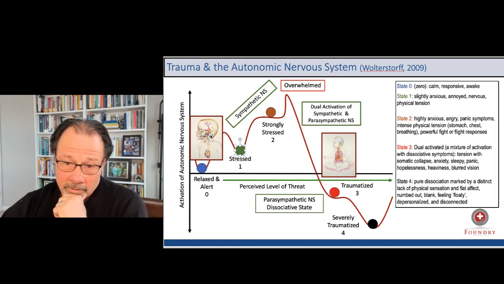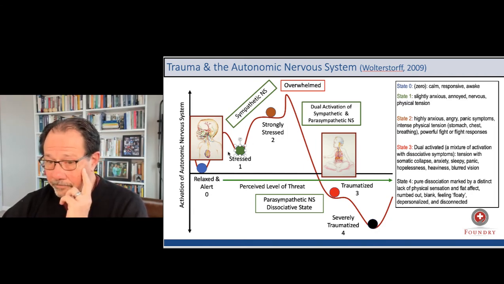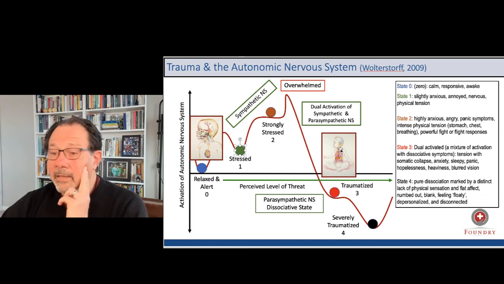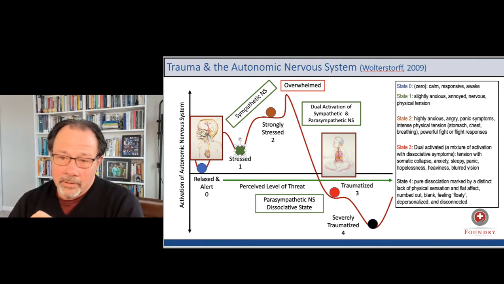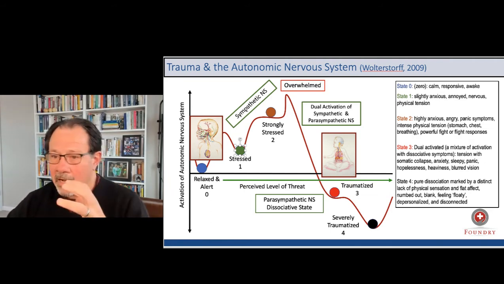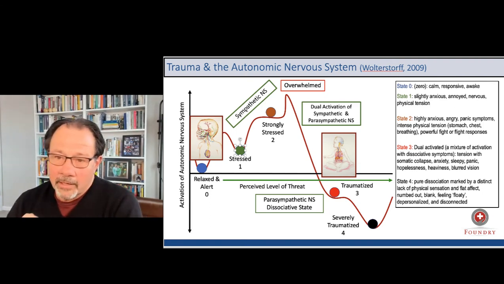And while this one is located on our face and our heart, this nerve goes down to our internal organs. And so when we're in a fight-flight response, all the blood is leaving our internal organs and moving into our arms and legs and eyes and whatever we need in order to fight and flight successfully.